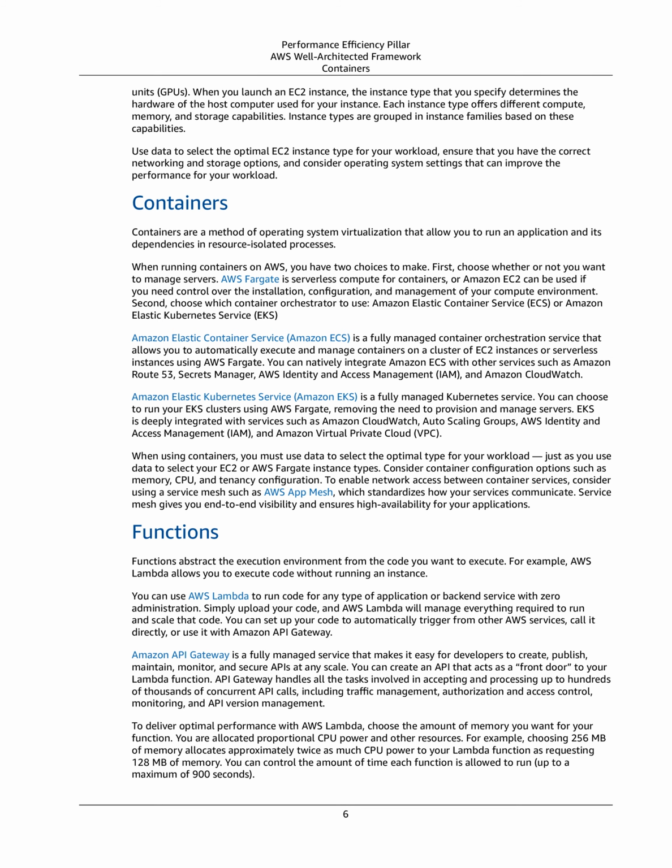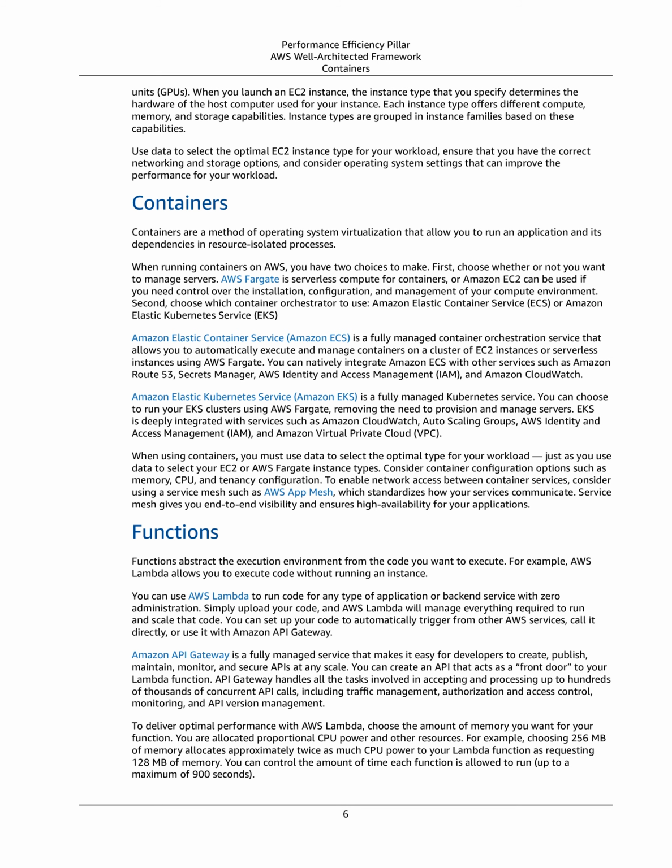You can choose to run your EKS clusters using AWS Fargate, removing the need to provision and manage servers. EKS is deeply integrated with services such as Amazon CloudWatch, Auto-Scaling Groups, AWS Identity and Access Management, IAM, and Amazon Virtual Private Cloud, VPC. When using containers, you must use data to select the optimal type for your workload, just as you use data to select your EC2 or AWS Fargate instance types.